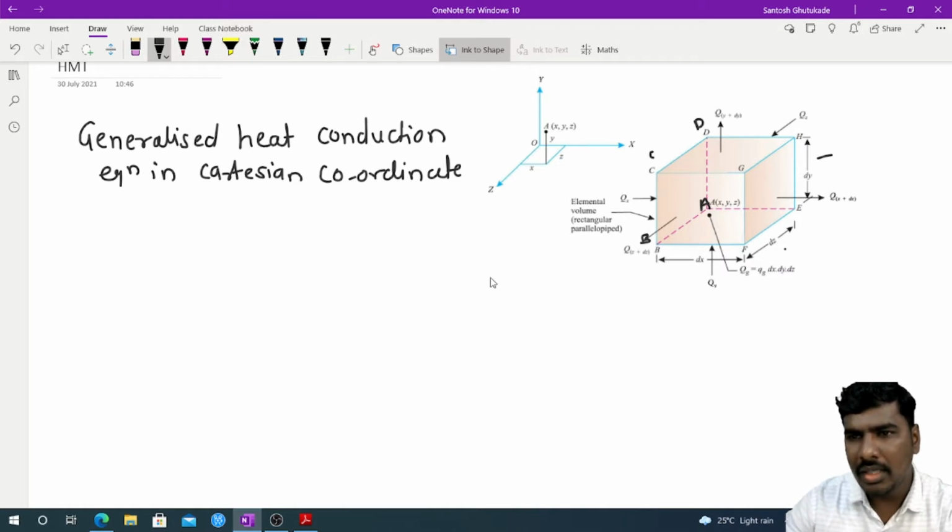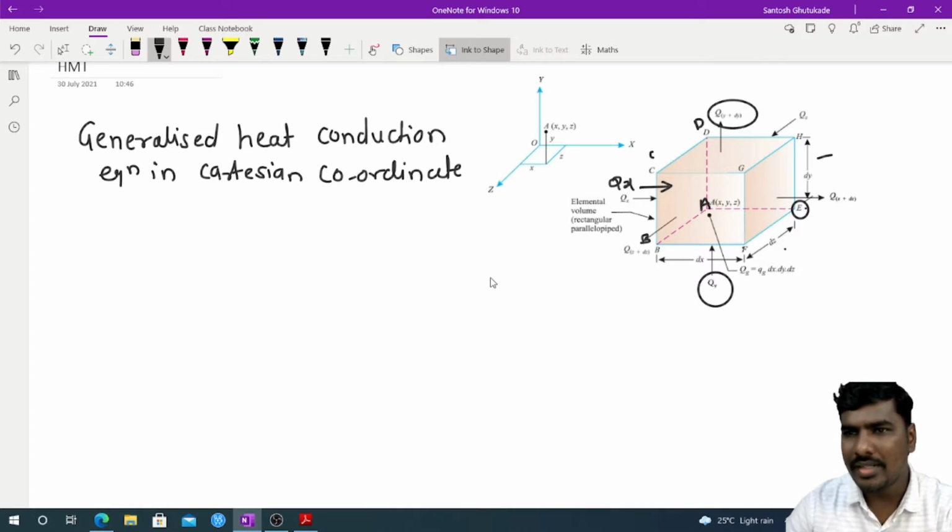Heat coming in through the x direction is qx, and at the same time from the face E, F, G, and H, heat is going out, that is qx plus dx. Similarly, heat coming in the y direction is qy, and heat going out in the y direction is qy plus dy.